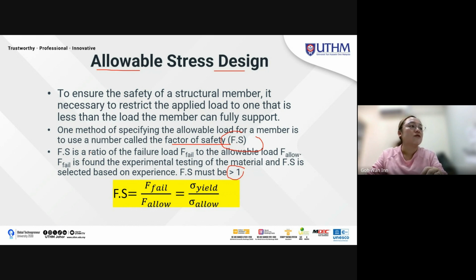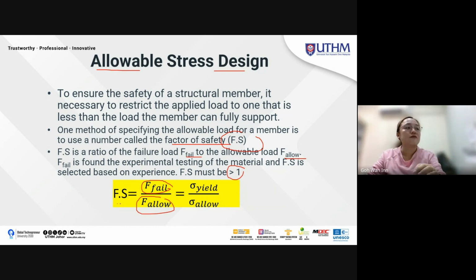Okay, so safety factor here is a ratio of the failure load to the allowable load. So failure load over allowable load. For example, the stress in the building is 150 megapascal, and you allow only 100.